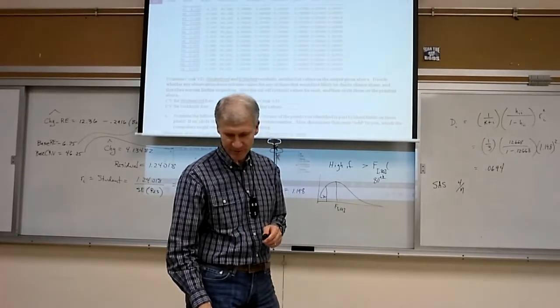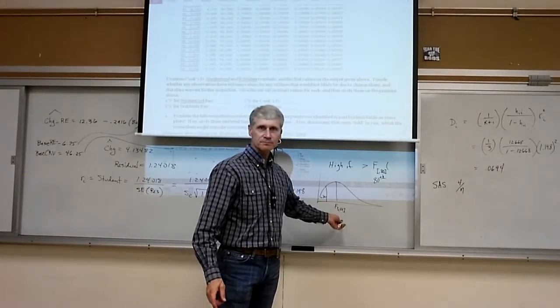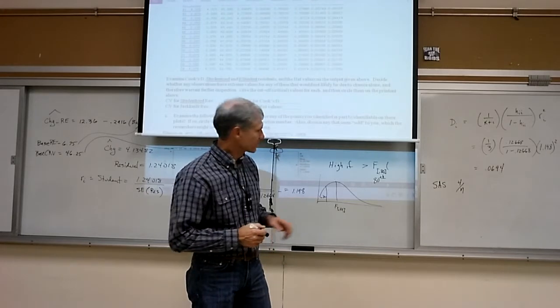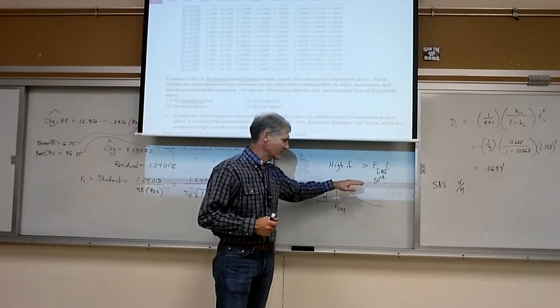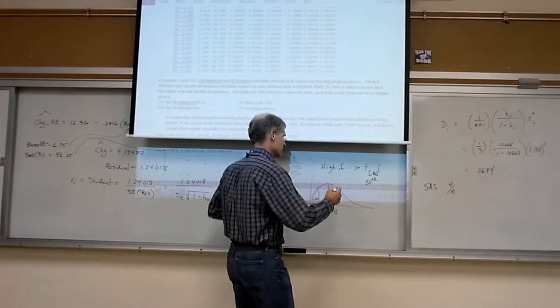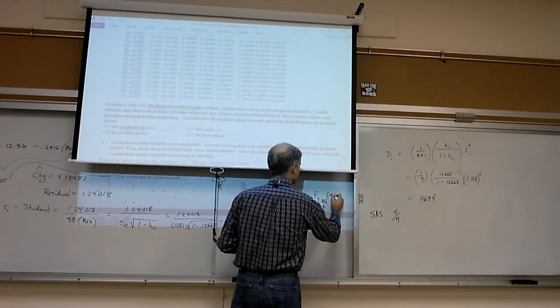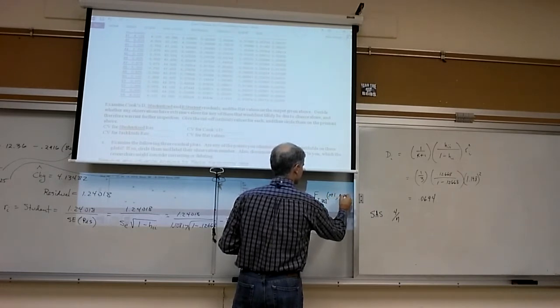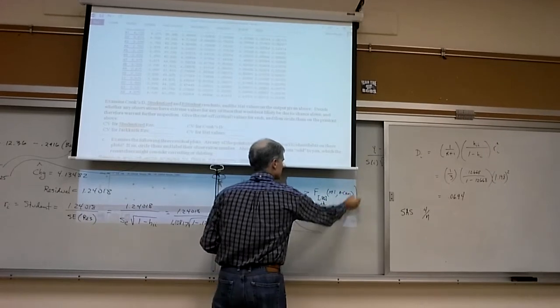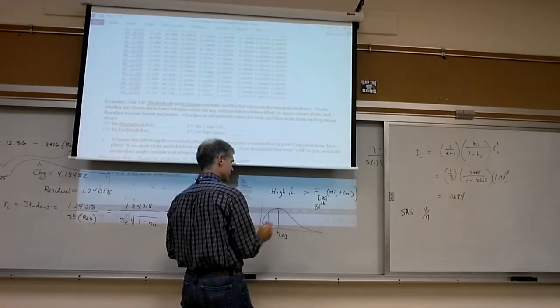Now, what are the degrees of freedom of this F? You remember that? The error degrees of freedom is the denominator, but you also need k plus 1. So this is k plus 1 and n minus (k plus 1) degrees of freedom, right?